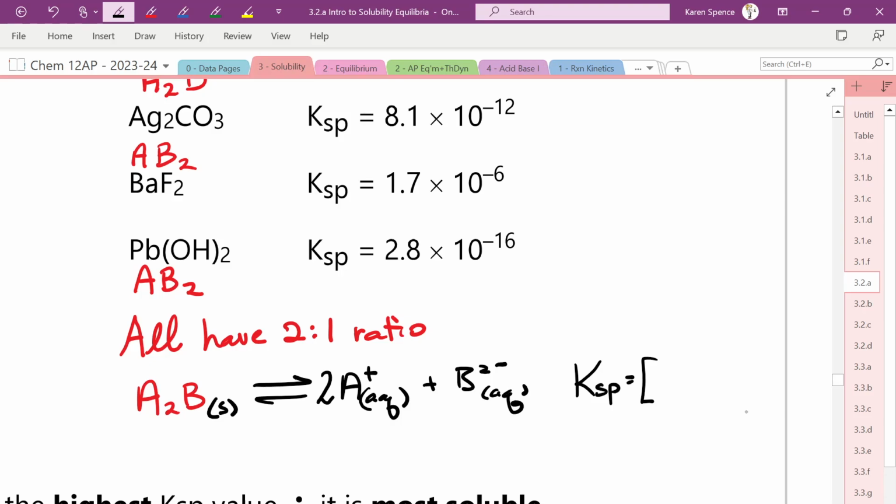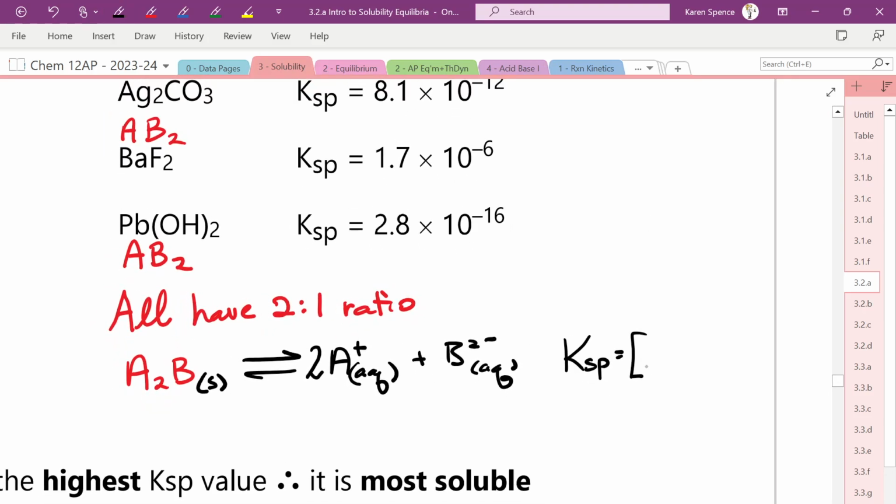What's the KSP expression? A+ squared times B2-. And if we don't know the concentrations, we can say a certain amount of A2B dissolves to give us a saturated solution. Yes?